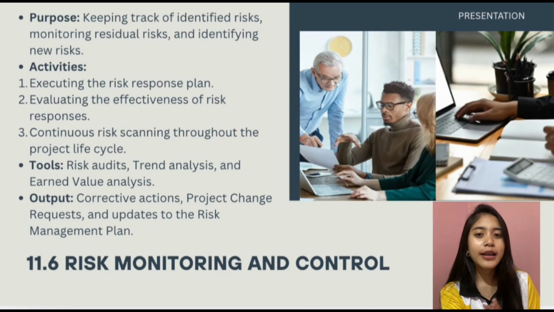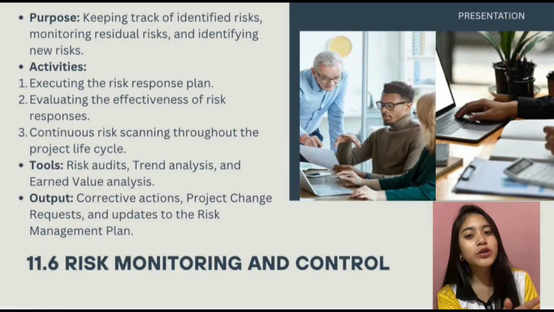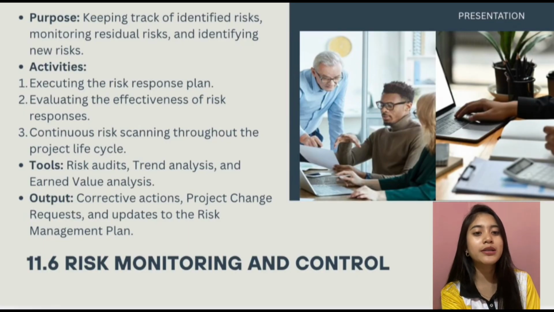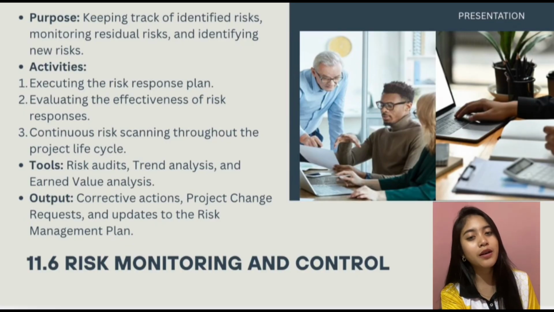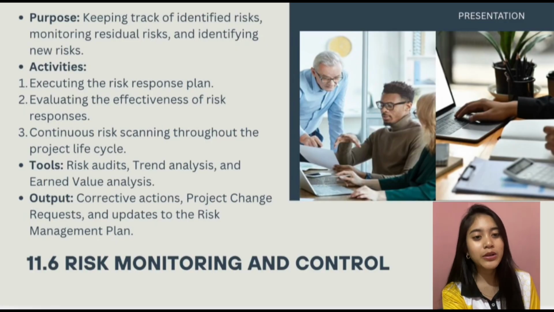Another is trend analysis, which means examining project performance data over time to identify patterns that may indicate potential risk. Lastly is earned value analysis, which measures the project's performance in terms of cost and schedule to help determine whether the project is progressing as planned.